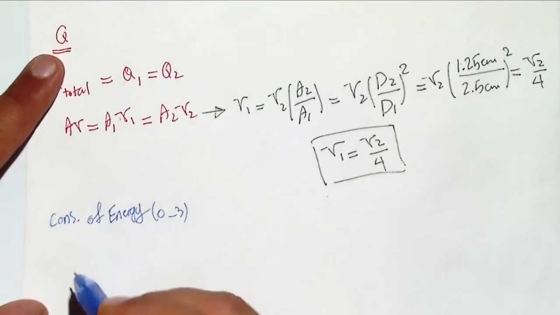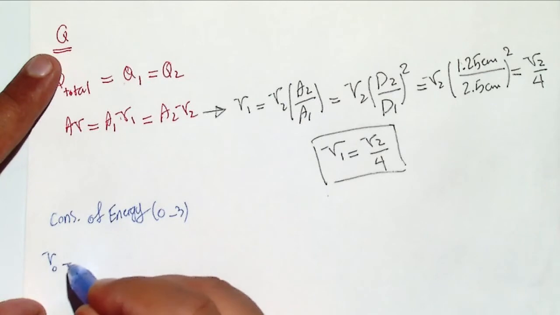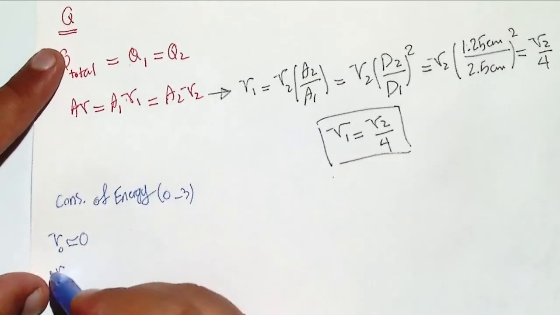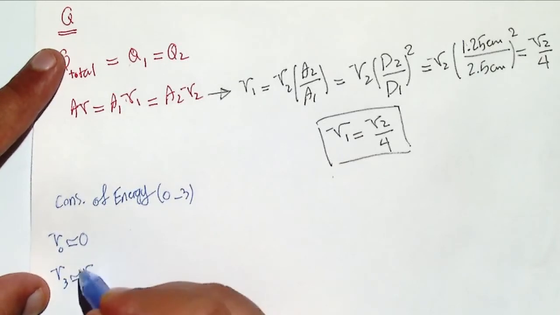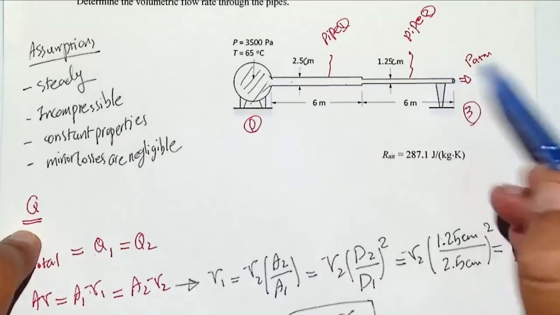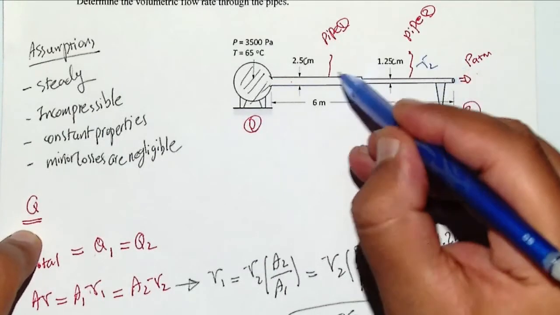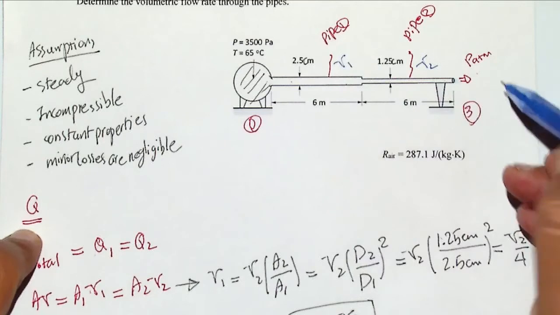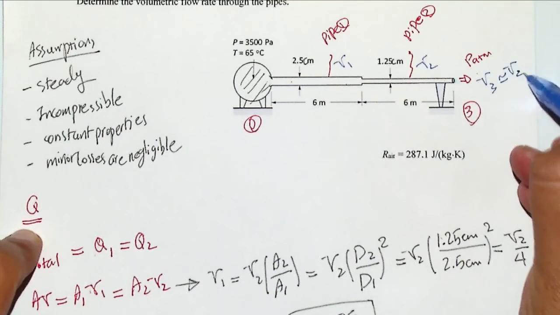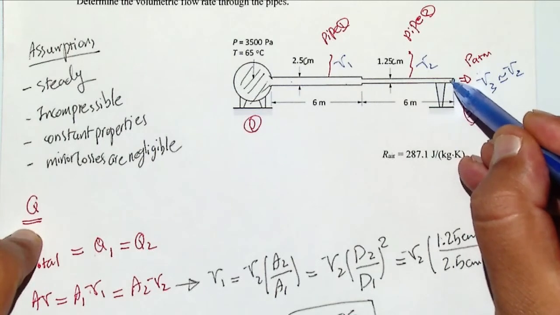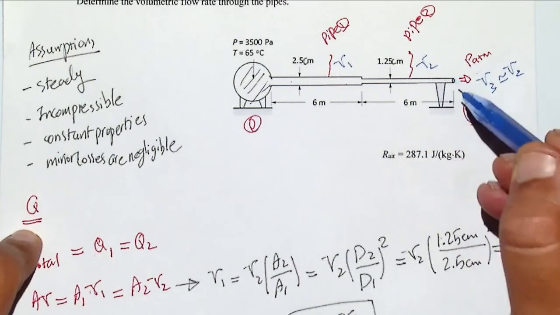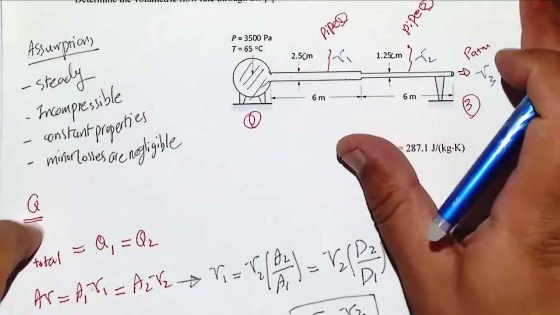Okay, so what can we assume? We can assume that V0 is 0 and V3 is almost V2. Why? Because if the velocity in the second pipe is V2 and in the first pipe is V1, then V3 is almost V2, right? Because coming here, V2 is constant all over the pipe, and the output velocity is the same as the velocity inside the pipe.